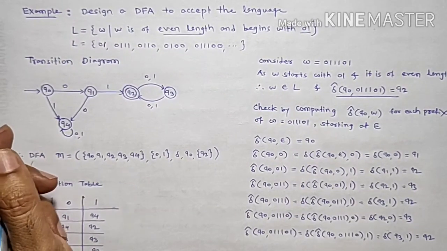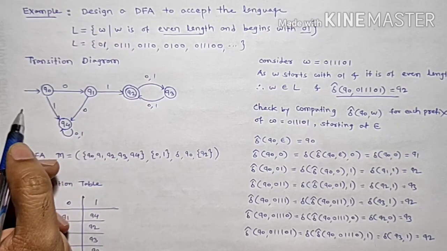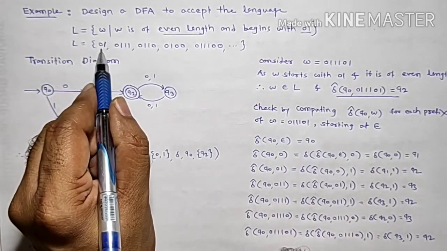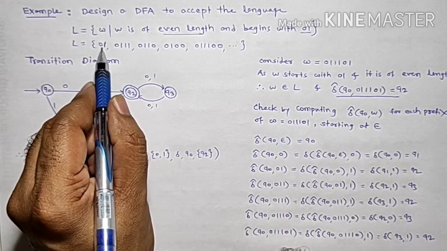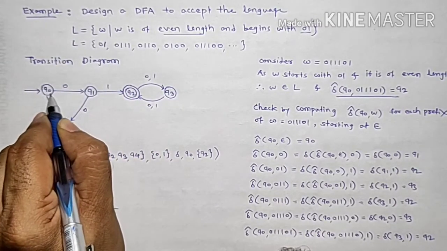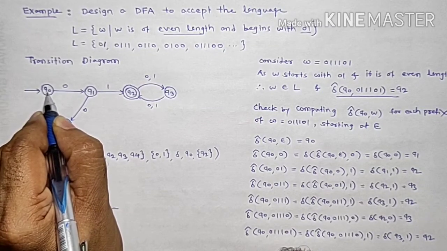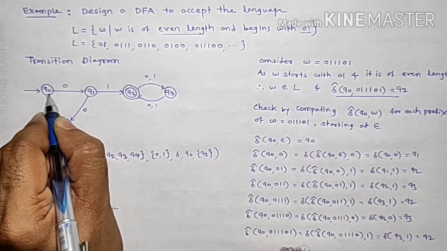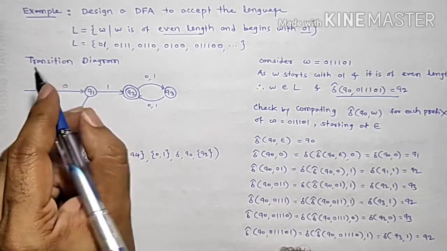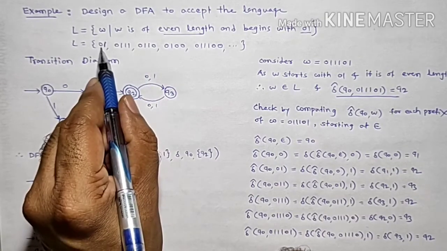So for this language we can construct the deterministic finite automata. First we are constructing it for the basic string of this language, which is 01. We start from the initial state of the DFA, Q0, and take the transition of Q0 on the first symbol of the basic string, which is 0.